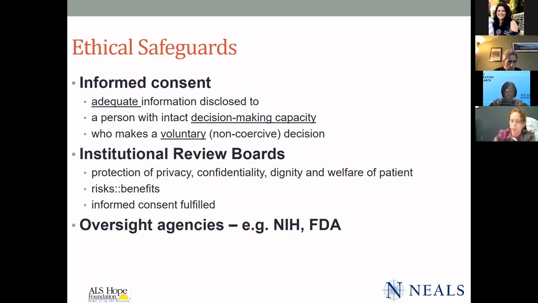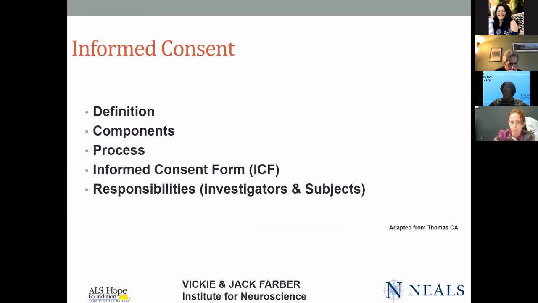At the same time, the privacy, confidentiality, dignity, and welfare of the patients are protected. The risks do not outweigh the benefits, as we mentioned, and an informed consent form documenting the informed consent process is filled out. And then there are other agencies like the NIH and the FDA.